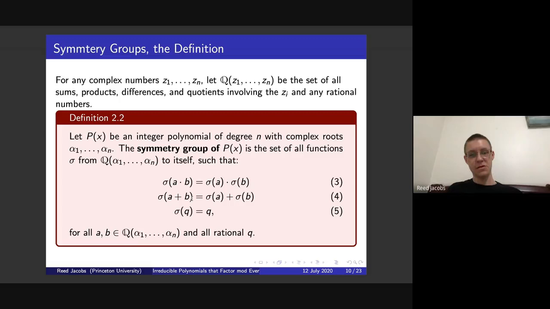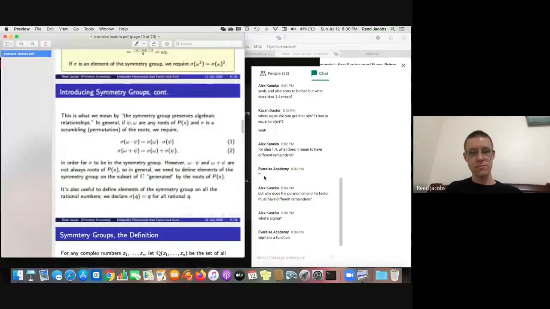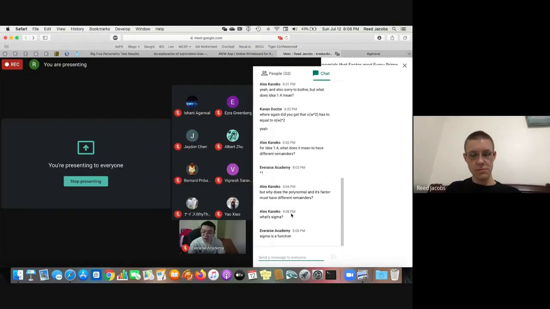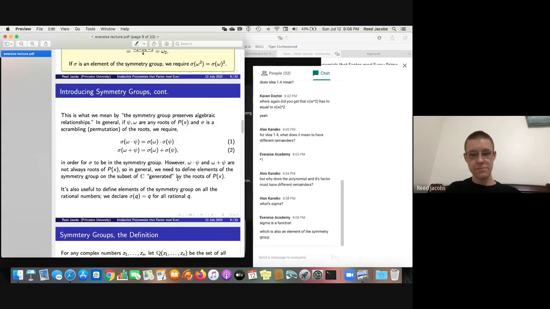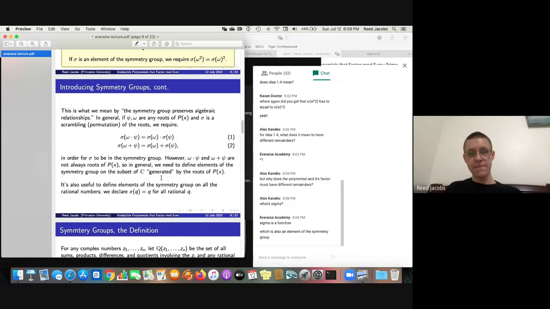We need sigma of a plus b equals sigma of a plus sigma of b. And we need sigma of q equals q if q is a rational number. Does this definition make sense to everyone? Okay, if there are no questions, then I'll move on.